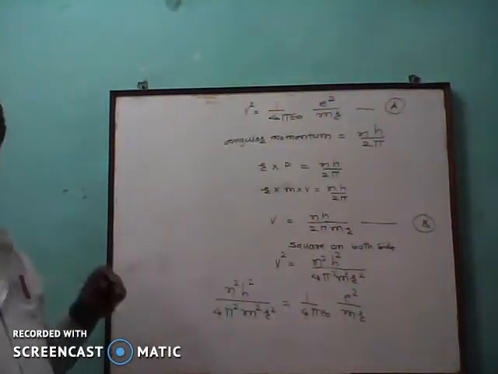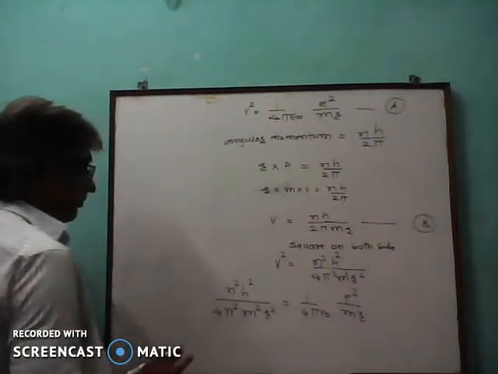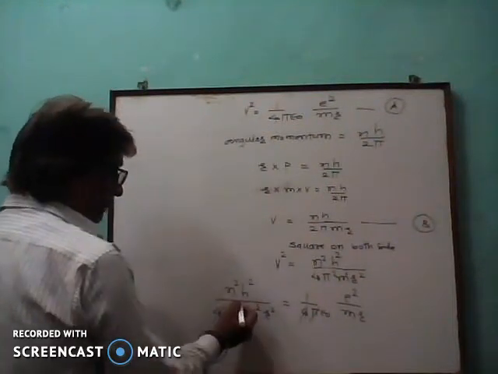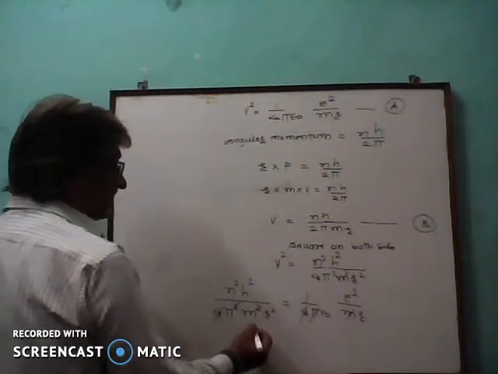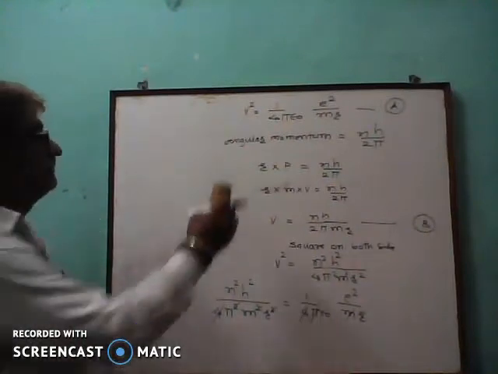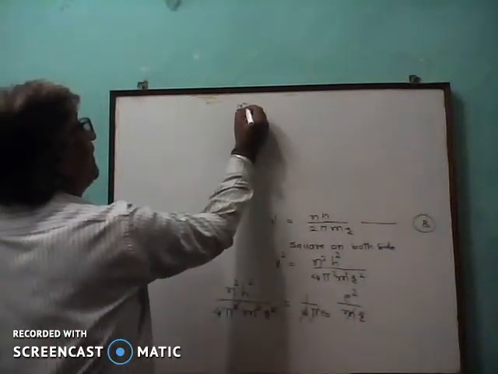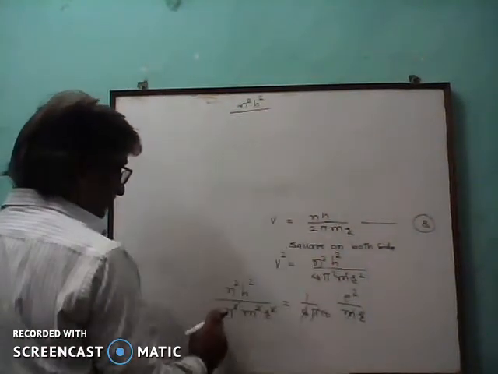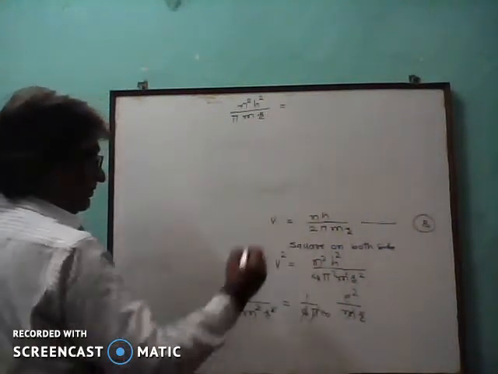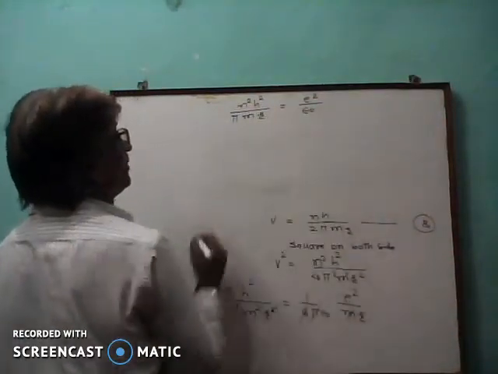The same quantities can be cancelled; in the numerator no quantity can be cancelled. Here 4 gets cancelled, pi gets cancelled, m gets cancelled, r gets cancelled. The remaining terms will be n square h square upon pi m r is equal to e square upon epsilon 0.